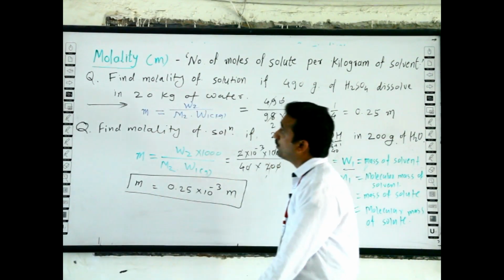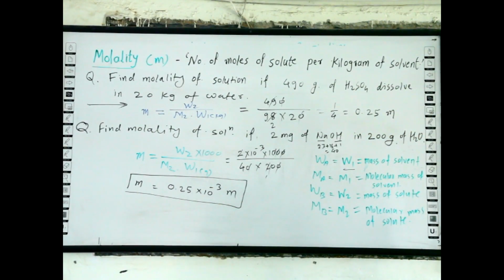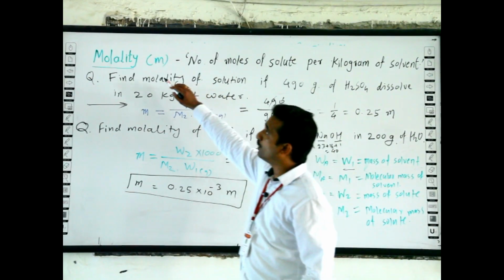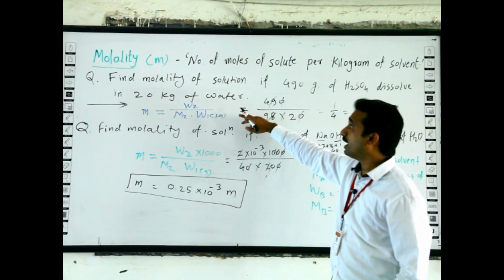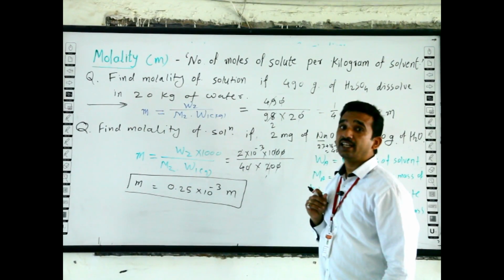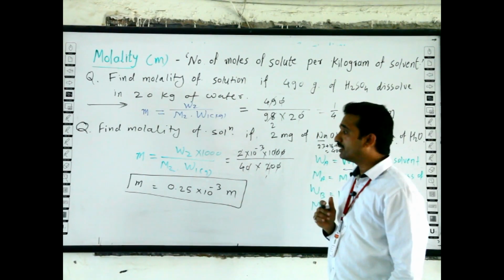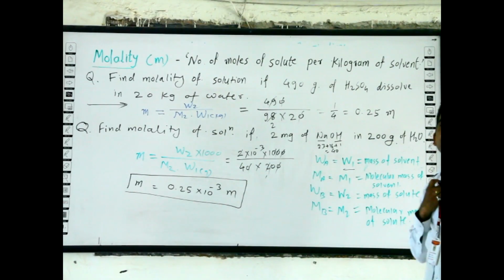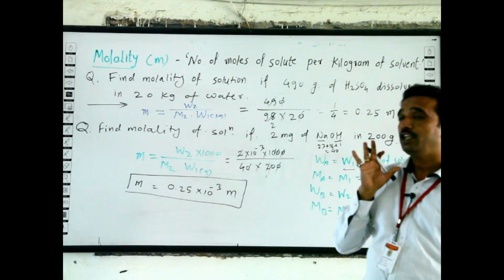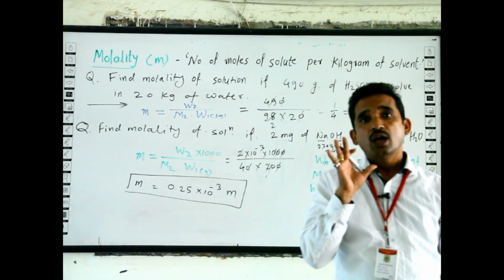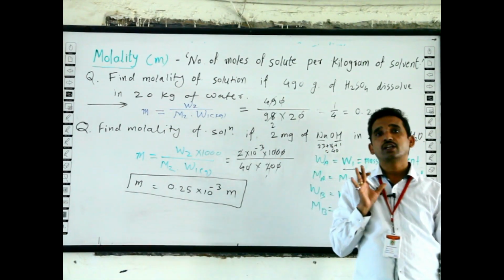In this type of solution, if concentration is expressed in molal, here both denominator and numerator are taken in gram. Hence, as the temperature increases, there is no change about concentration.